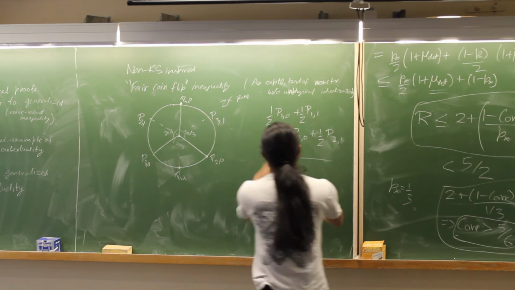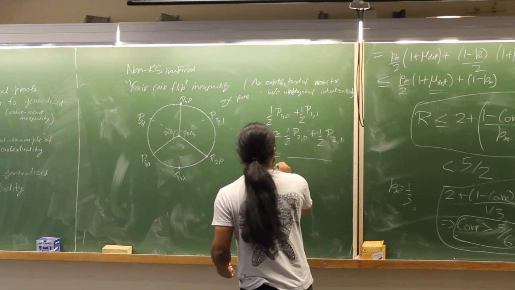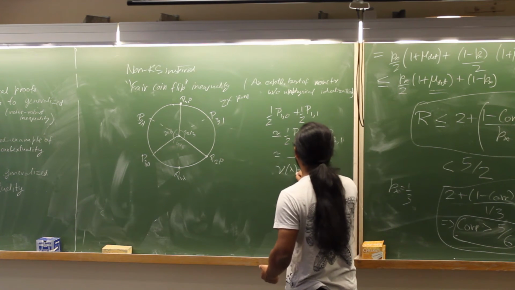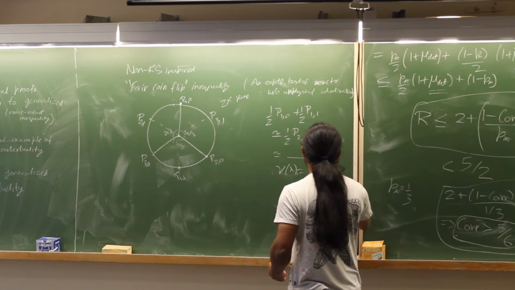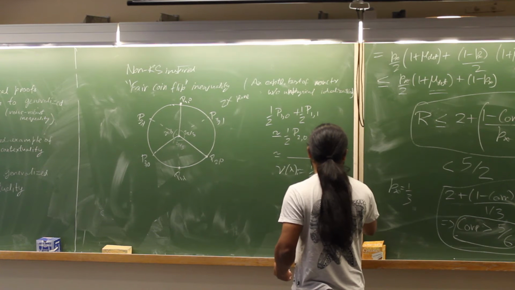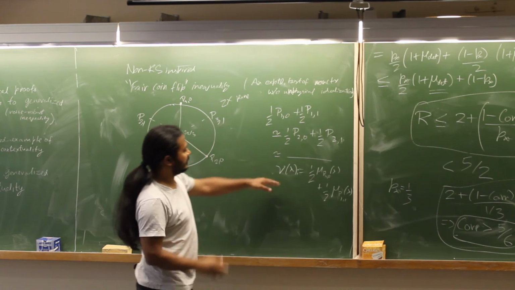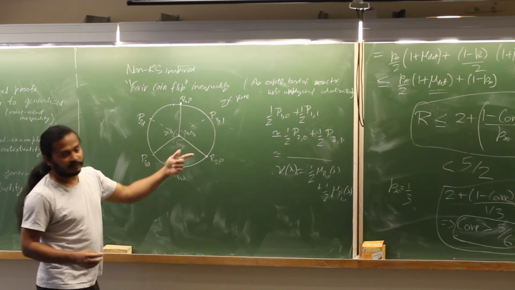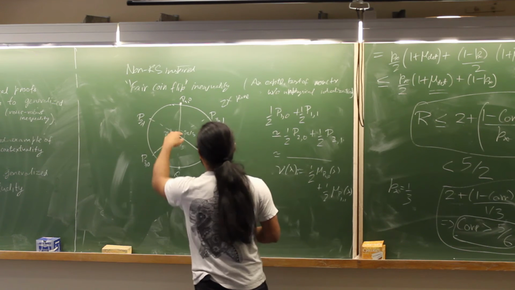And so if you apply preparation non-contextuality, you will say that there's some new lambda associated with these, which is half mu P10 lambda plus half mu P11 lambda. So that would be the preparation non-contextuality assumption. And the measurements of interest here are basically these trine measurements.